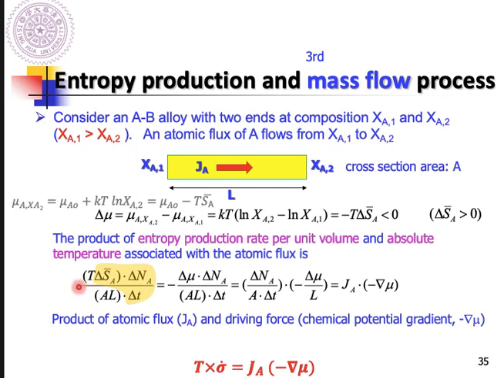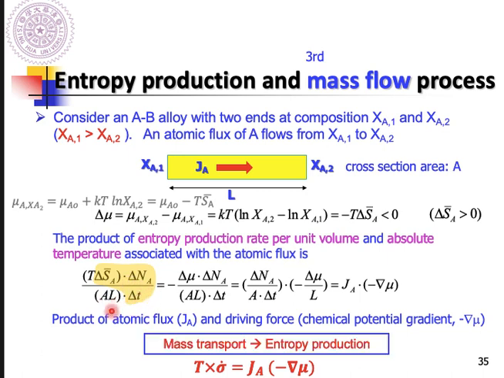You just formulate the temperature times the entropy production rate per volume. The entropy production rate here is the total entropy produced from this mass flow process. We only know the partial atomic change, so we multiply by the total change in the number of atoms A, and divide by time and volume. This result demonstrates that atomic transport leads to entropy production.